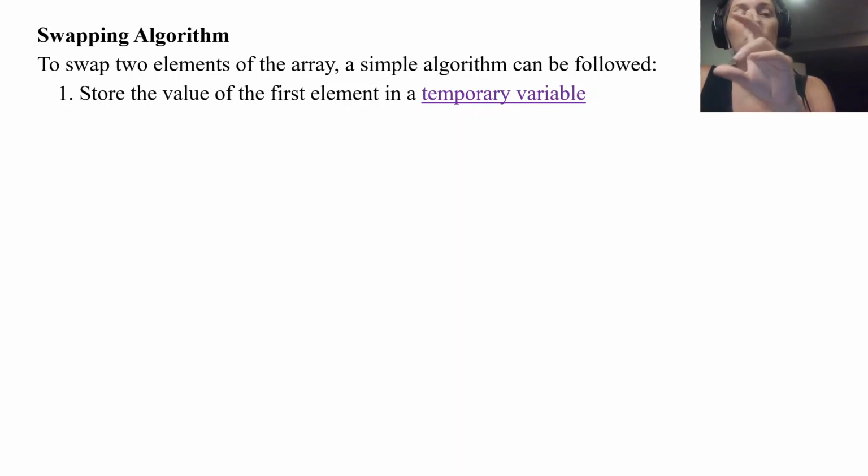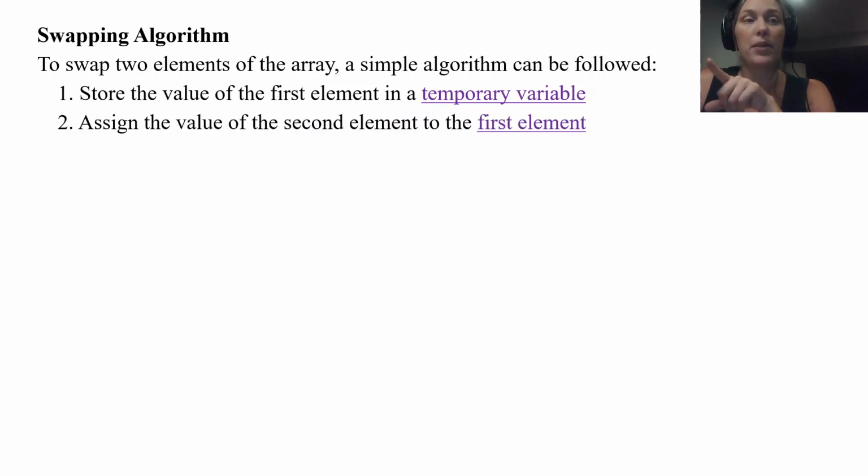What do you do? Well, there's 3 steps to this algorithm. First, you store the value of whatever your first element is in a temporary variable. Next, you assign the value of the second element to the first element. So the first element here, you need a visual. The first element here gets put into a temporary variable.